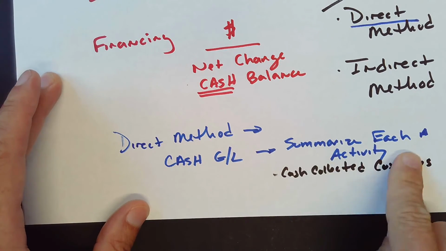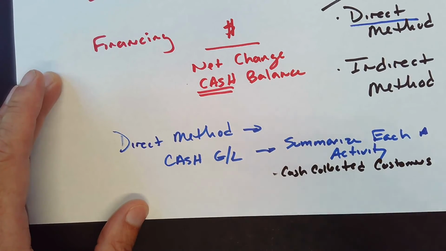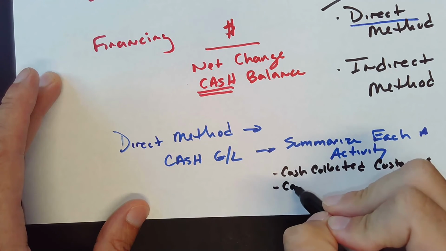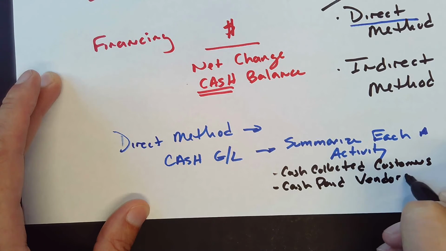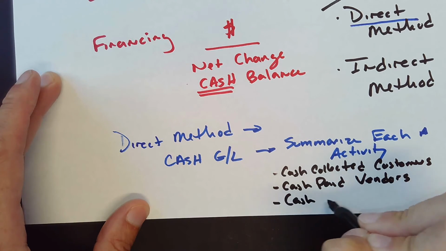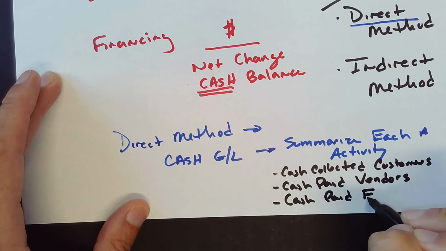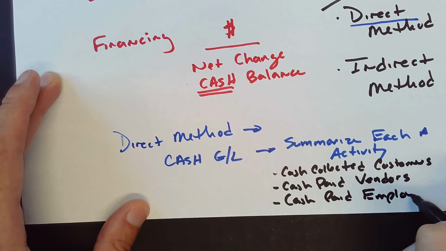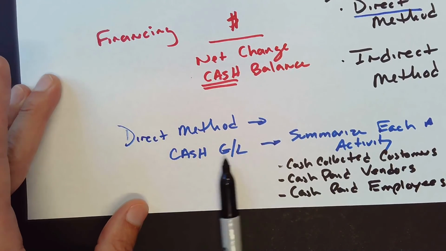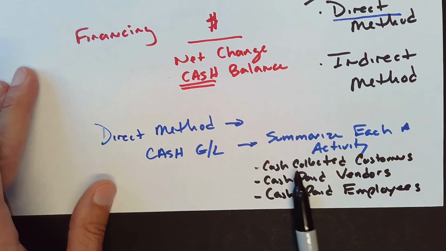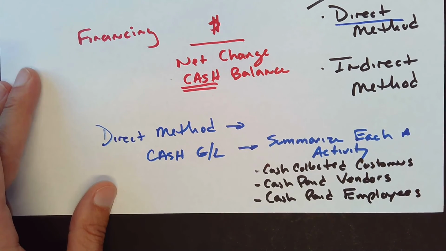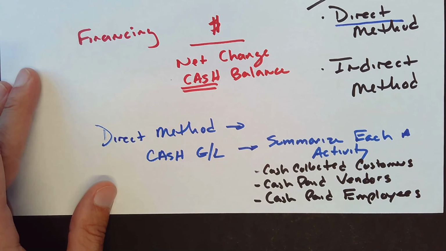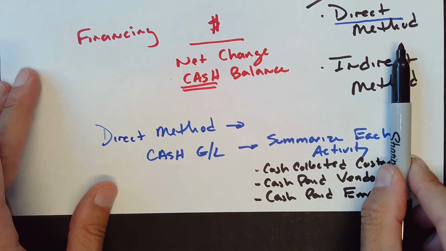And I'm going to just take that data and add it all up. Then I'm going to look at cash paid to vendors. Cash paid to employees. So I just go into the cash general ledger account and I add up all the ins and all the outs and I disclose that gross. That's a simplified way of explaining the direct method of cash flows.